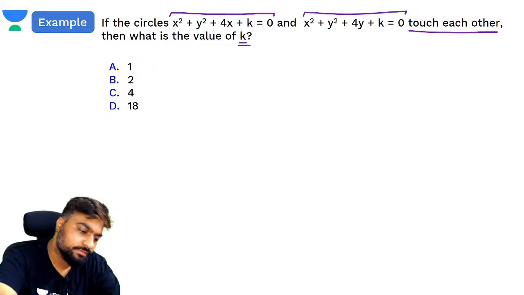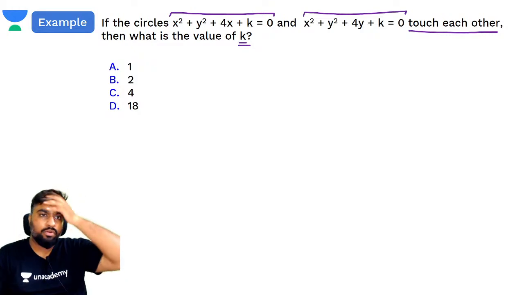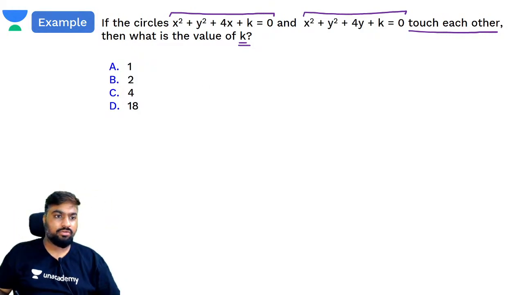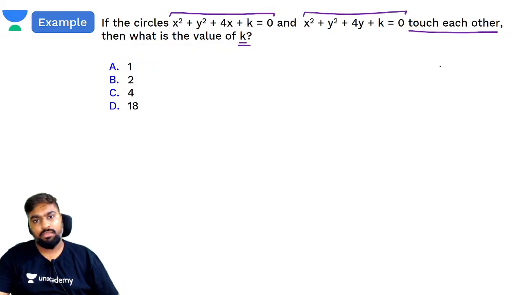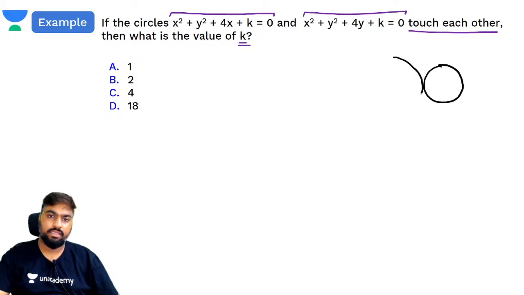Any answers here? What would be the value of k? There are two circles and they touch each other, right? Let's say this is our first circle. We have no clue about the circles, whether they are of the same radii or not, so let's not assume them being of the same radii.